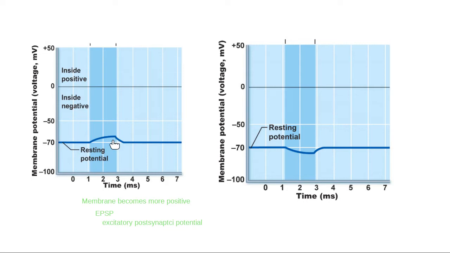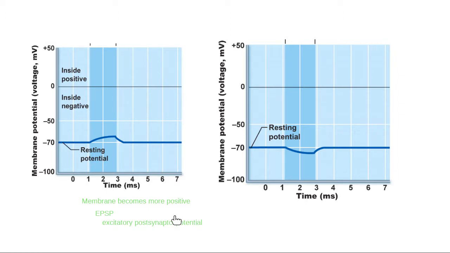This little positive change that I see right here is what we call an EPSP, an excitatory postsynaptic potential. My membrane charge got higher because I brought in some sodium. That message unlocked a channel that sodium could sneak inside. I get really excited about that, and it makes me want to talk to my neighbors.